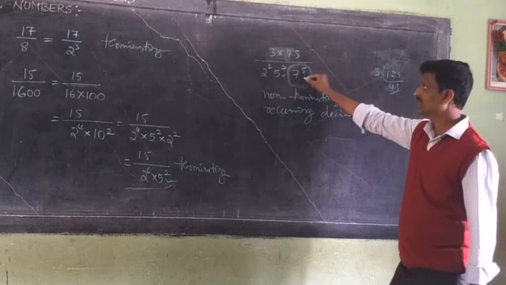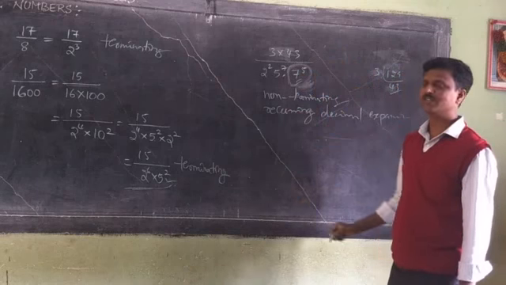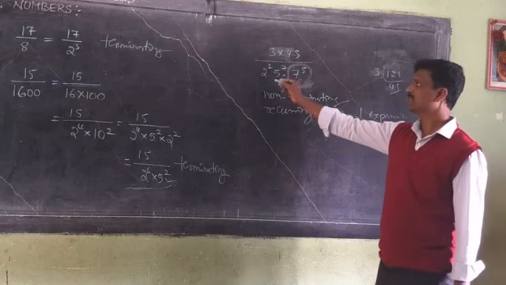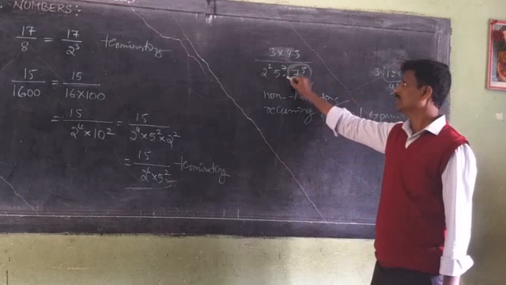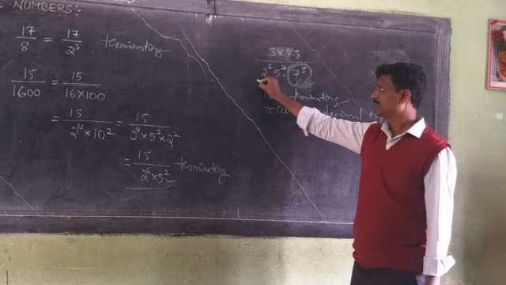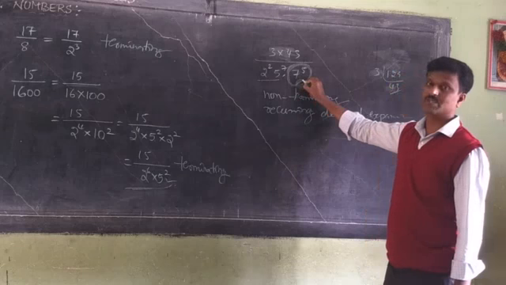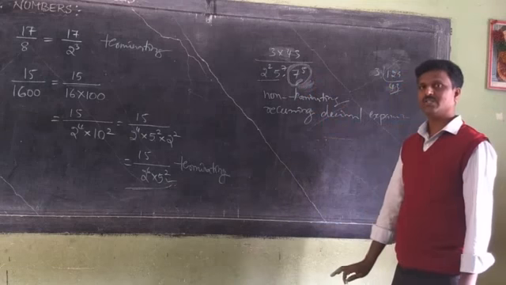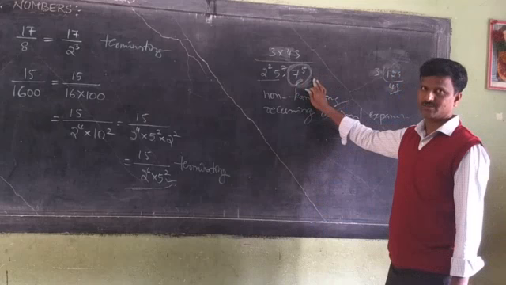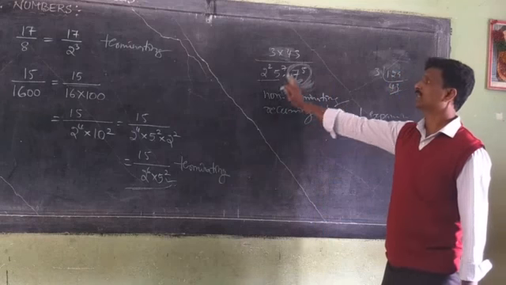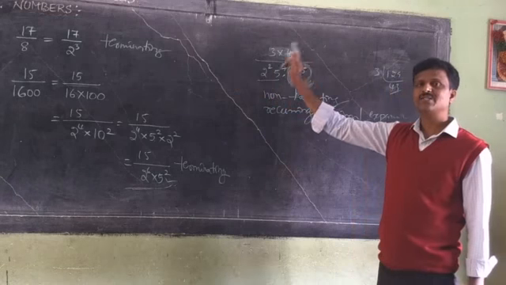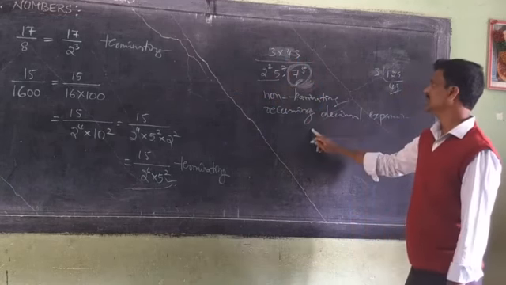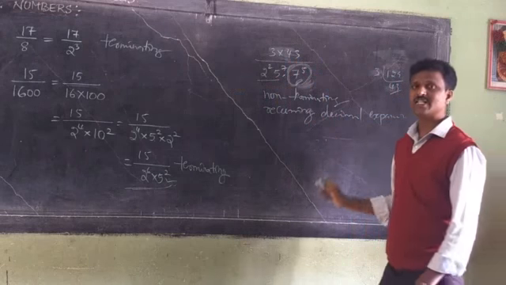Here 7 is remaining in the denominator. There is a power of 2 and also a power of 5, but also a power of 7 in the denominator. Therefore, the given rational number is a non-terminating and recurring decimal expansion.